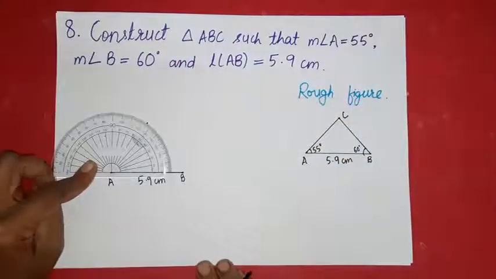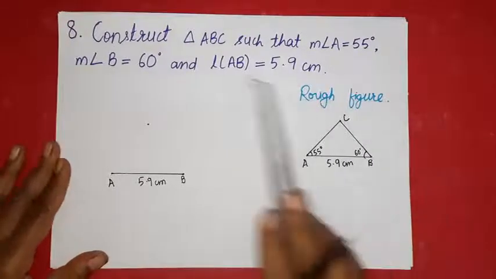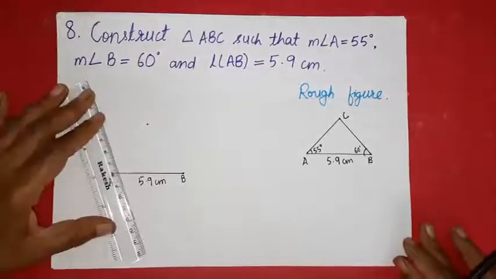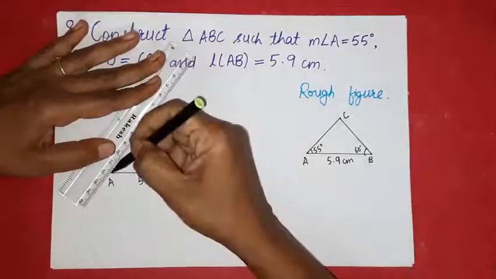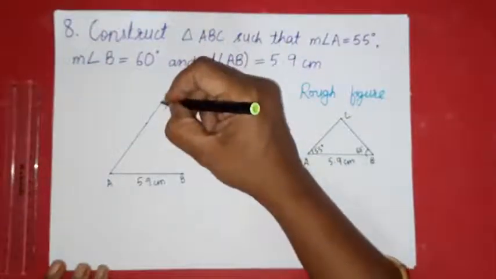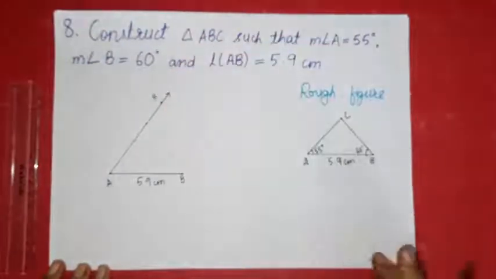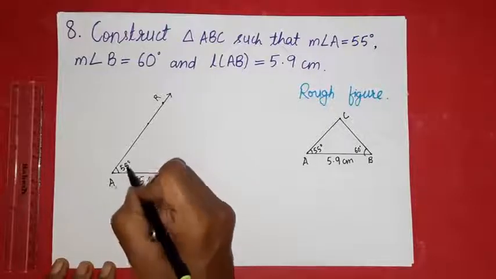So, put a dot for 55 degrees, take out the protractor, join it using ruler. Make a ray starting from vertex A. Give the arrow, consider any point R here. Now, this angle A is of 55 degrees.